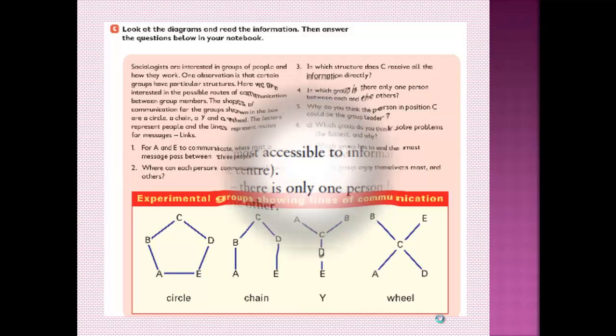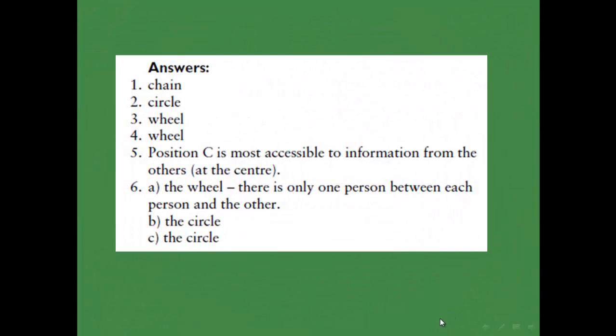And here are the answers. Number 1. For A and E to communicate, where must a message pass between three people? Chain, in the chain group. Number 2. Where can each person communicate with two others?